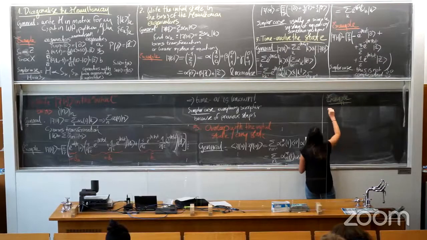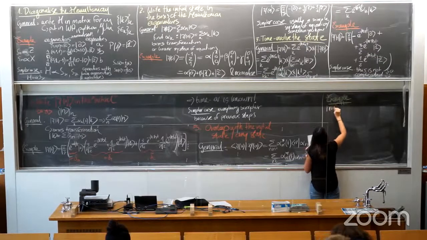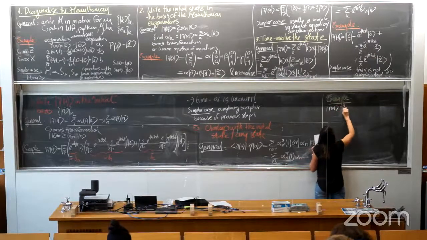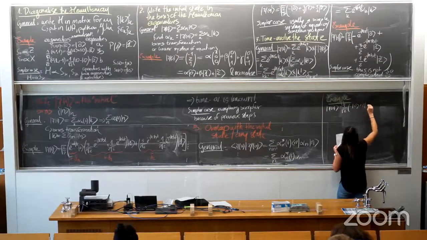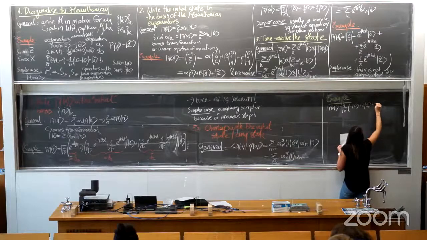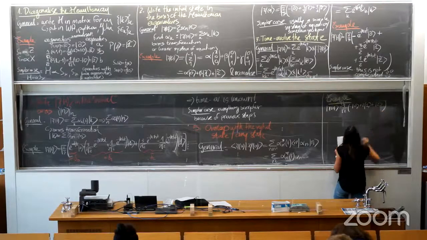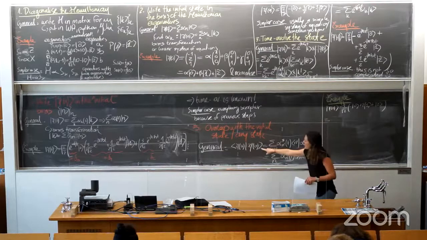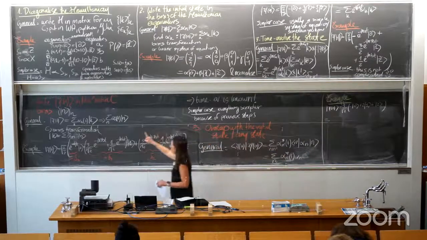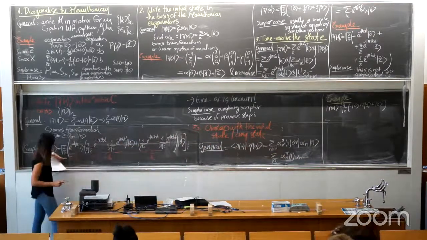I have phi 0 equal 1/2 of minus 0 plus 2, 1 plus 2. So I do this operation with this here.